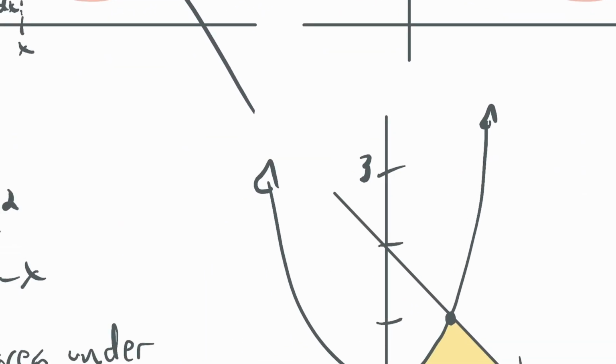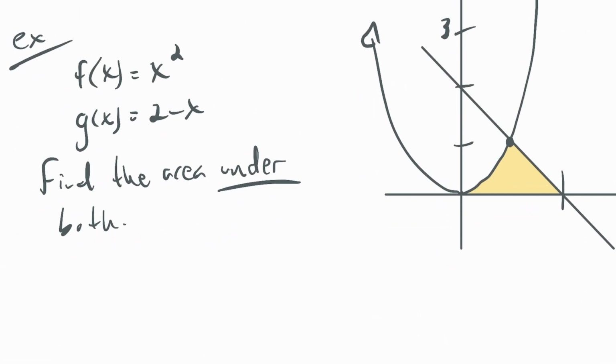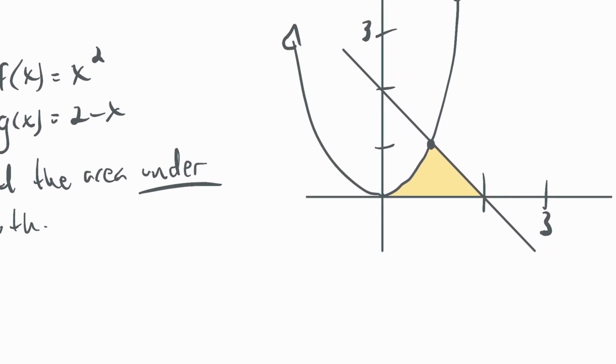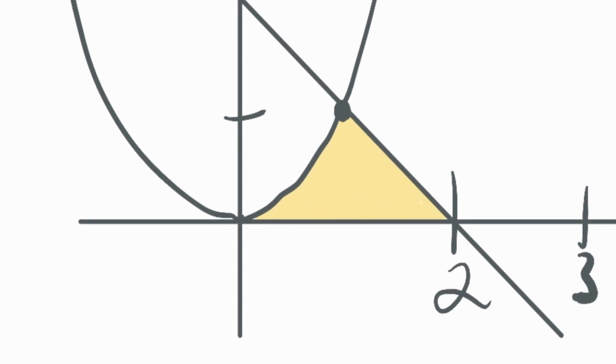So let's start with this one, doing the way we've been doing it, where we have the vertically aligned rectangle. Okay, so we're going to find the area under both of these functions from, I guess that's 0 to 2. Yeah, this is 2 right here. Okay, so when I go to do that, because I've got two functions, for part of the interval the top of the region is made by this parabola.